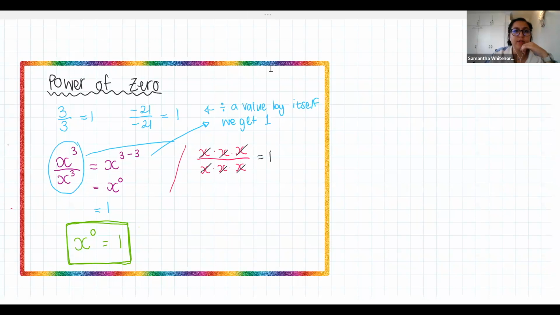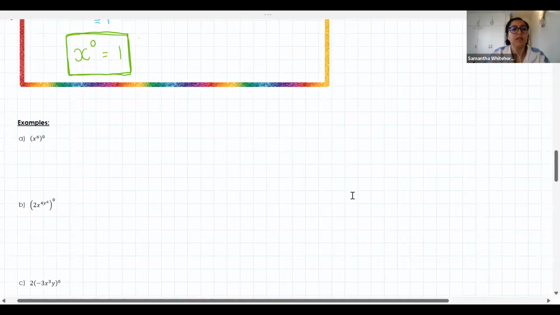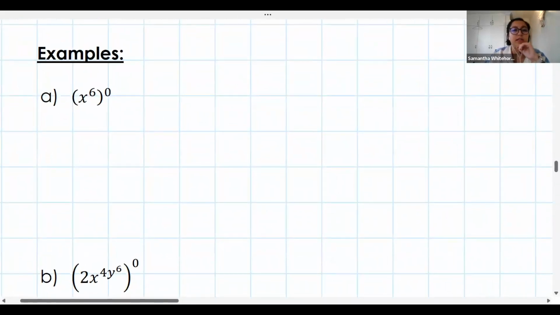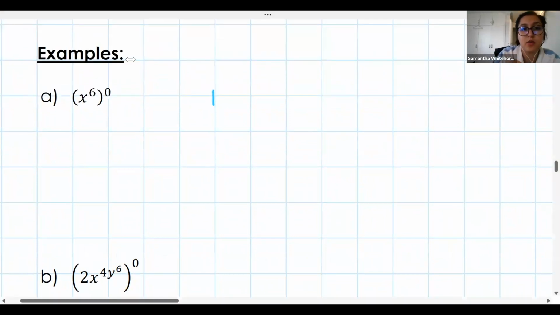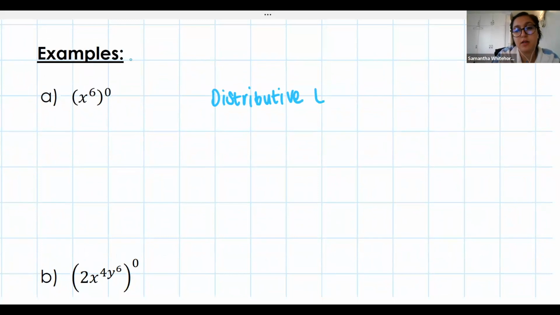Alrighty, guys, so let's have a look at some examples here. Our very first one is x to the power of 6 to the power of 0. What we need to remember is that we've got the distributive law. So let's apply the laws that we know. The distributive law tells me that I need to multiply the exponent of 0 with the exponent of 6. So that gives me x to the power 6 times 0.